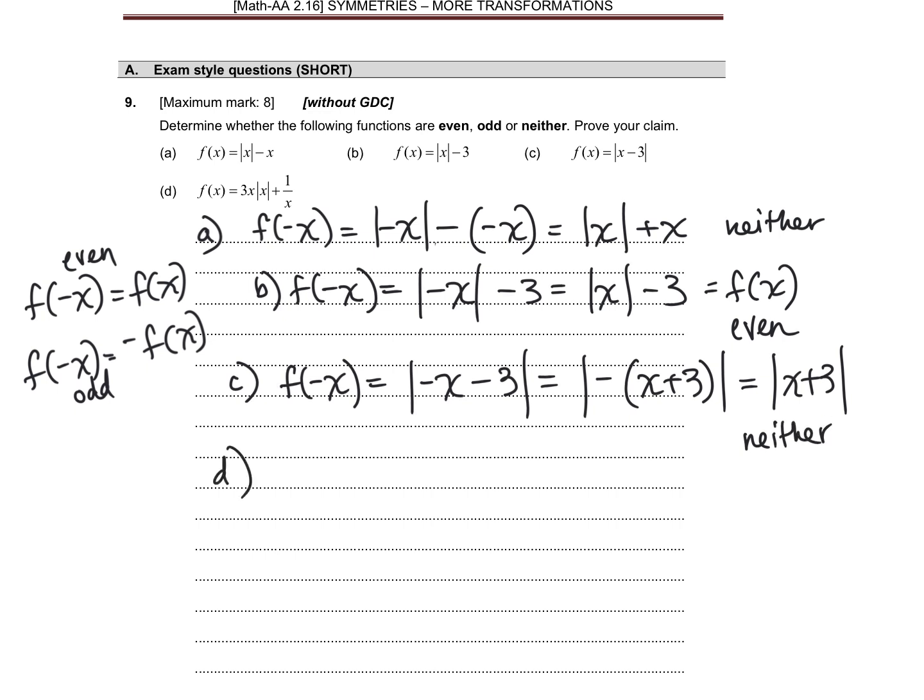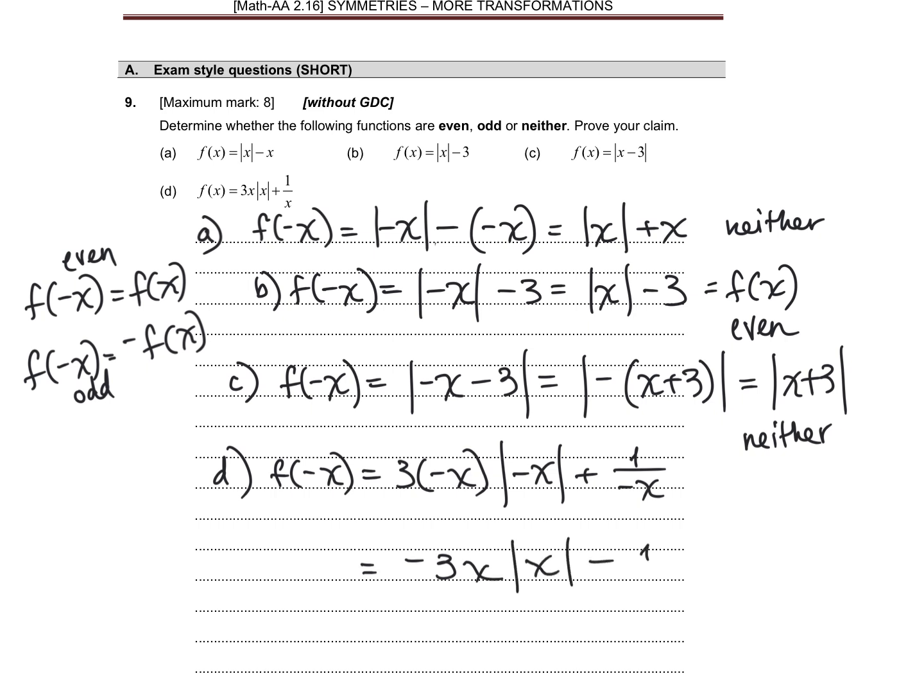And for d, negative x, so we're going to have 3 times negative x times absolute value of negative x plus 1 over negative x. So this is going to be negative 3x times the absolute value of x minus 1 over x.